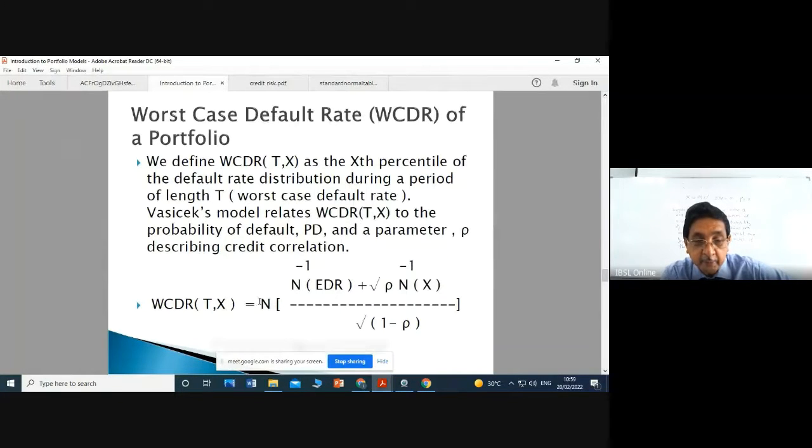Now when you do this worst case default rate calculation, here the cumulative probability function is also taken as the same X. Now you just look at it. The X means the 99.5 here.